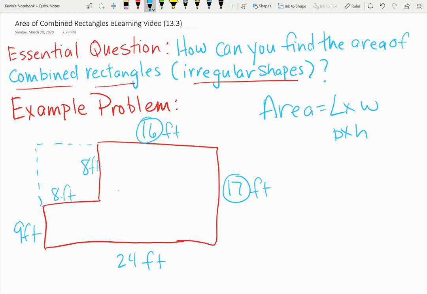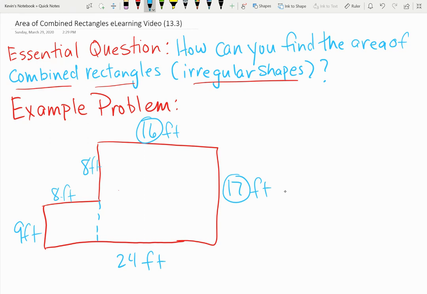So if we just simply multiply 16 times 17, our actual answer is going to be off because of our missing area over here. So what I'm going to show you is how to break it up and then add the two sides.